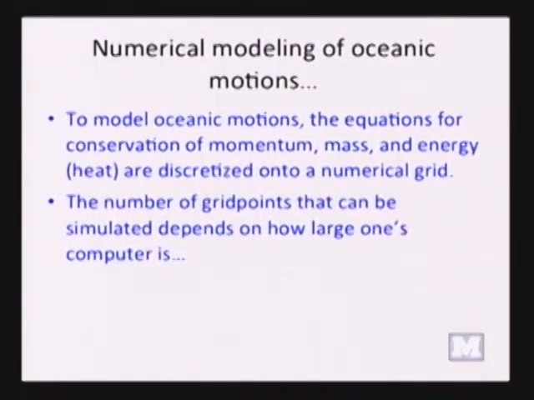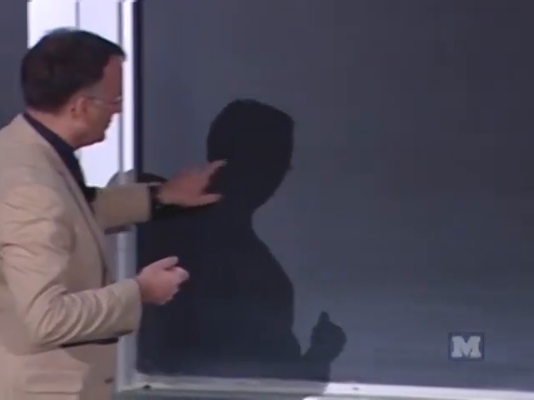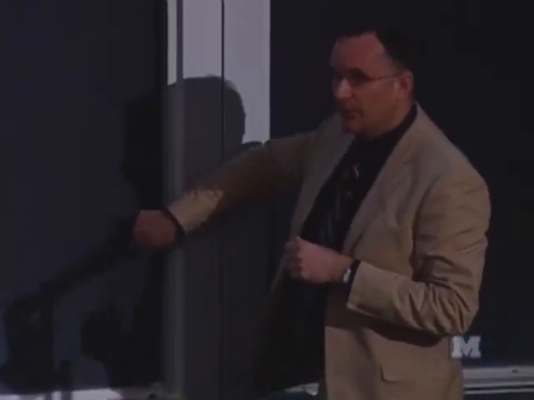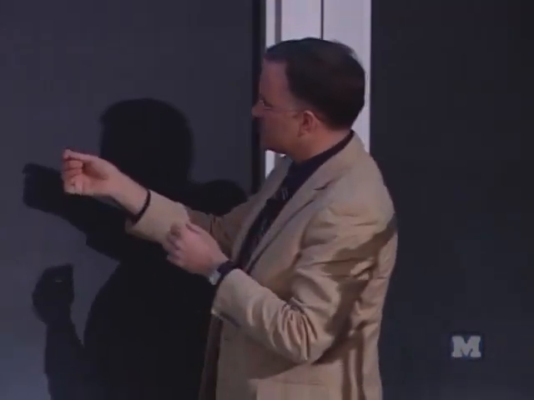If here's the Earth and this is the east-west direction, we have 9,000 grid points in this direction, and 6,600 grid points in the north-south direction. And then at each horizontal location, we can have 32 layers, from the surface of the ocean down to the depths. So if you just do that in your head, 9,000 times 6,600 times 32, you get a really big number.